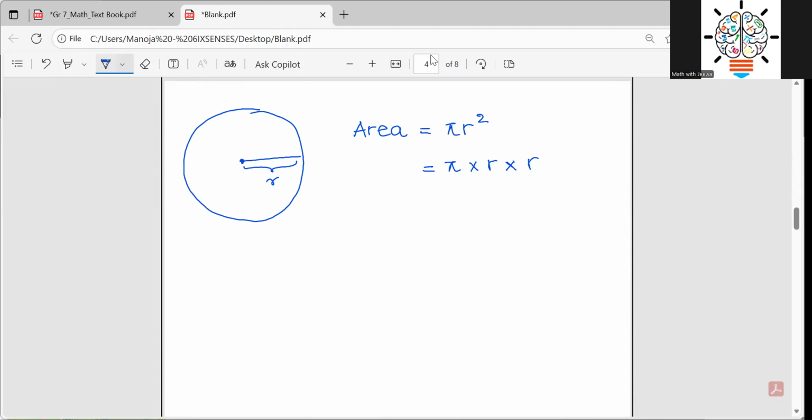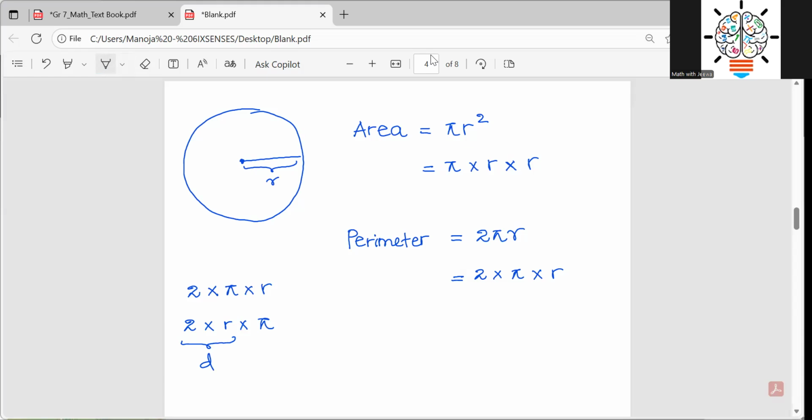Then we have the perimeter. How do you find this? 2πr. What does this mean? 2 times π times r. You just see, 2πr means 2 times π times r, no children? So that means 2 times r times π. And 2 times r we learned is d, no?